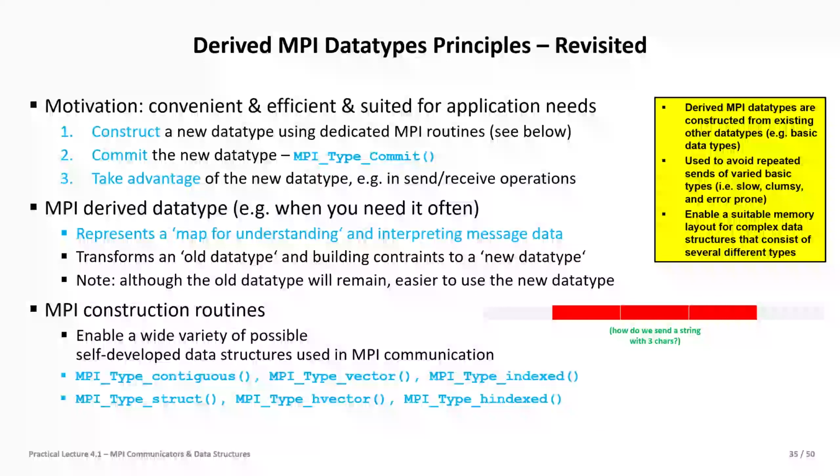And then the benefit really is you can just use this new derived data type and you don't have to do many send and receive operations, even if it is a bit more complex. Let's say the vector out of the matrix. Let it be 3 integers in this vector. You don't have to do 3 times send and receive for these different vector elements, these 3 ones.